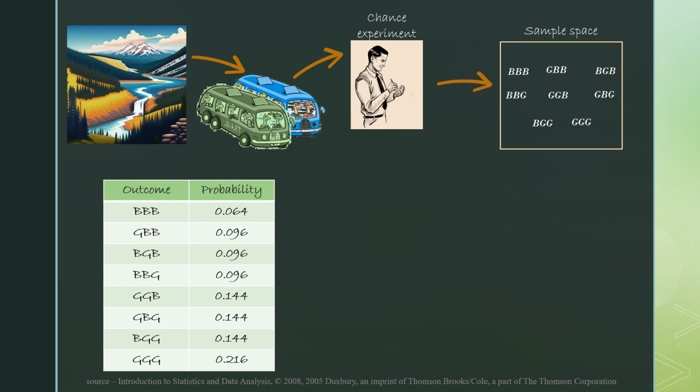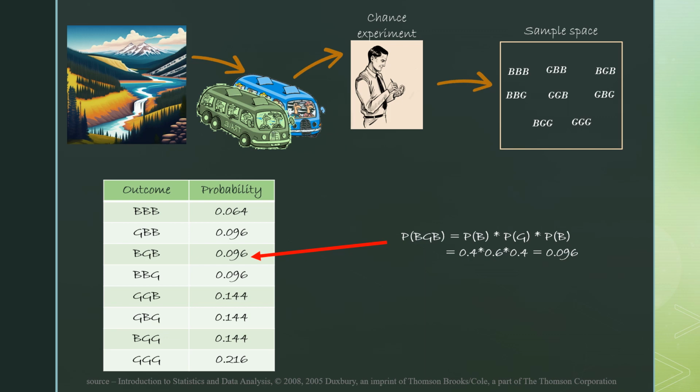We already discussed how to calculate the probabilities for the outcomes. For example, probability of BGB equals probability of B multiplied by probability of G multiplied by probability of B, which equals 0.4 multiplied by 0.6 multiplied by 0.4, which in turn equals 0.096.